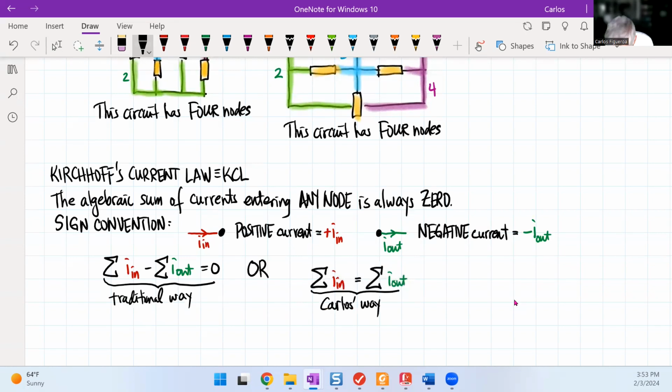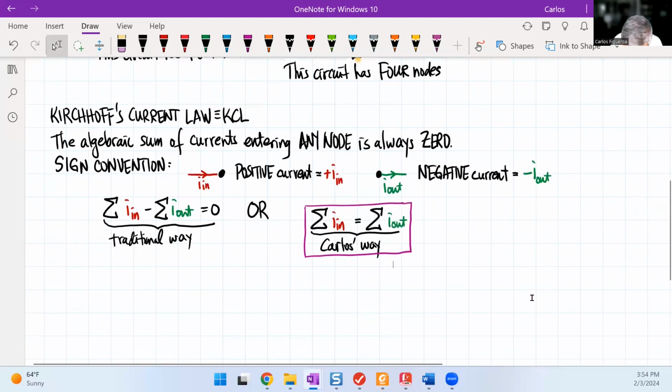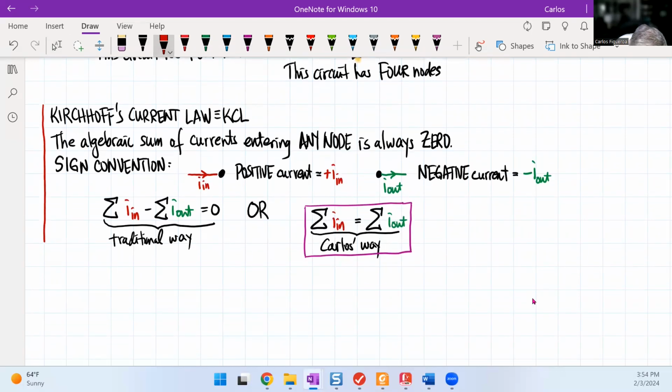And the reason why this is such a nice way is that this method of writing KCL implies that you never have a negative sign. In the traditional way, you do have a negative sign. So when I use KCL, I'm going to use this method right here.